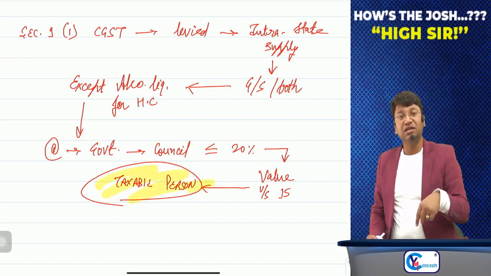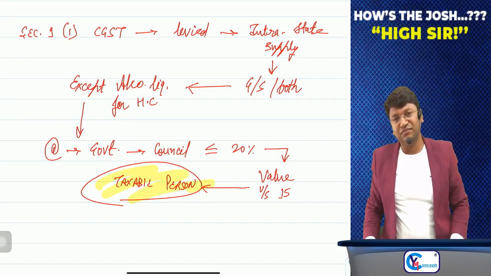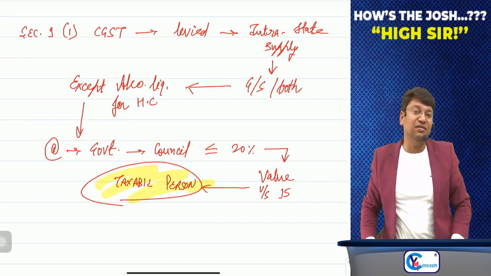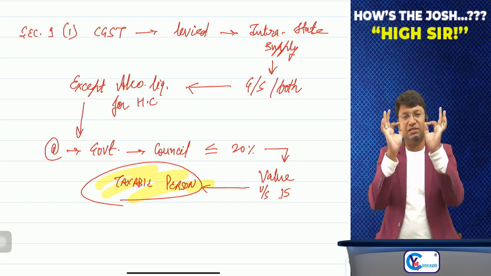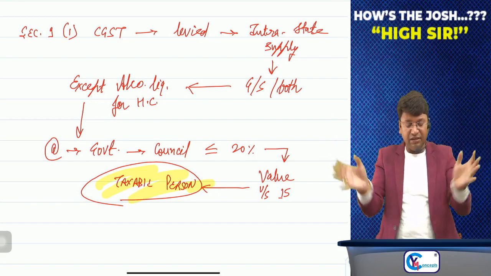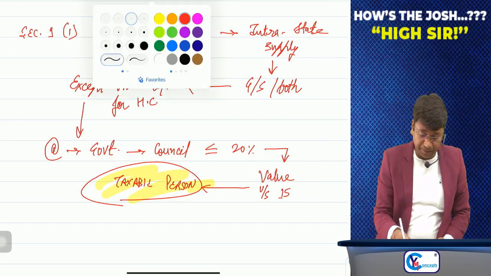And this phrase includes registered person, whether you are voluntarily registered or liable to be registered. So that's why if you get voluntary registration under GST and if you are making a taxable supply, GST becomes applicable. Clear? Done. Sir, this is section number 9, subsection 1. This is charging section now.